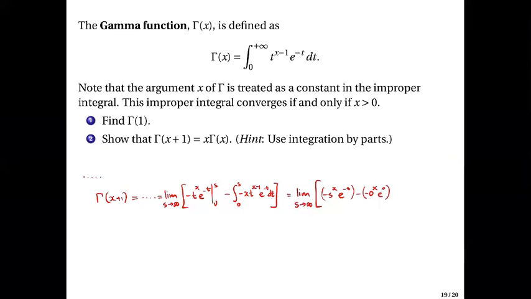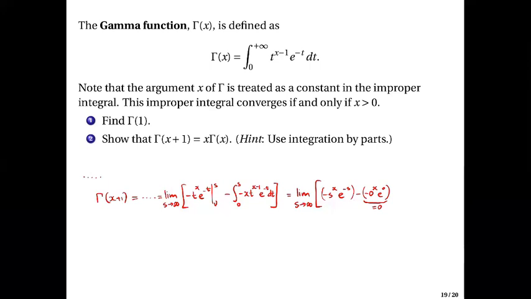So this guy here is equal to 0. You only need to show now that this guy here will go to 0 as s approaches infinity.